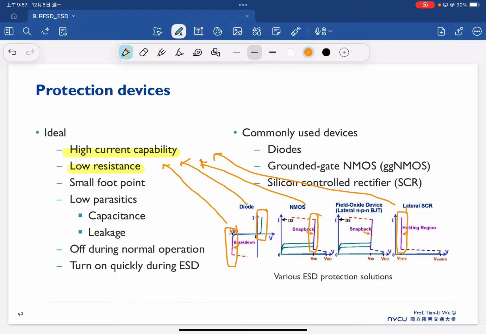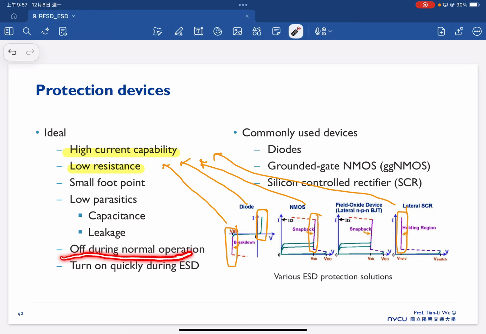It'll also be great if this device has a small footprint, so we won't waste our chip area, and also low parasitics, so that it will not cause any frequency influence on our main device. And during normal operation, if there's no ESD strike, it is turned off, and it must be turned on very quickly during the ESD. So we consider these requirements for the ESD protection device. Right now we have several commonly used devices. As we already said, the diodes.